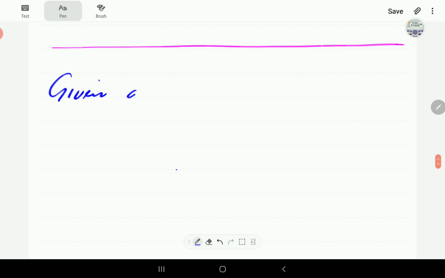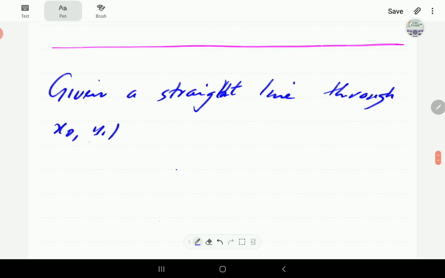So given a straight line through x naught, y naught, and whose normal vector, so that's a vector perpendicular to the straight line.